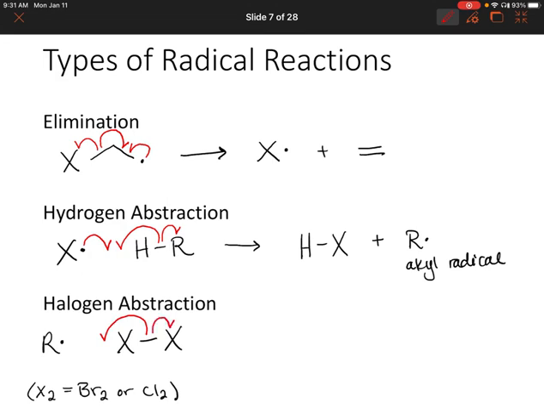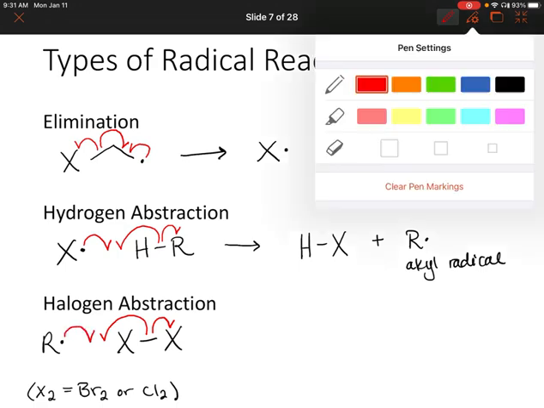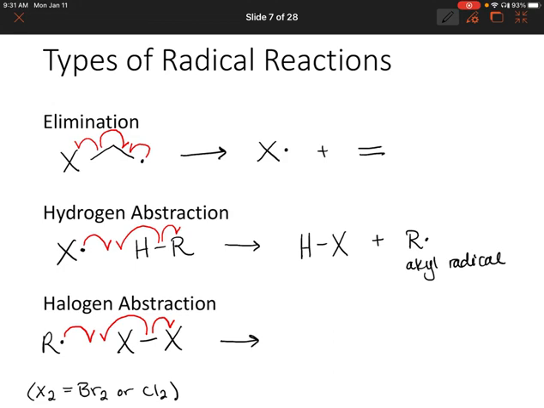One electron goes on one halogen, the other one is going to form a single bond with the radical. So we end up with the alkyl group bonding to a halogen, and then we also have a halogen radical. So RX is an alkyl halide, and then the X is our halogen radical.